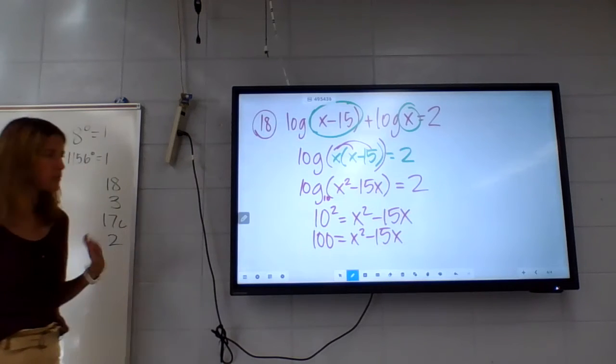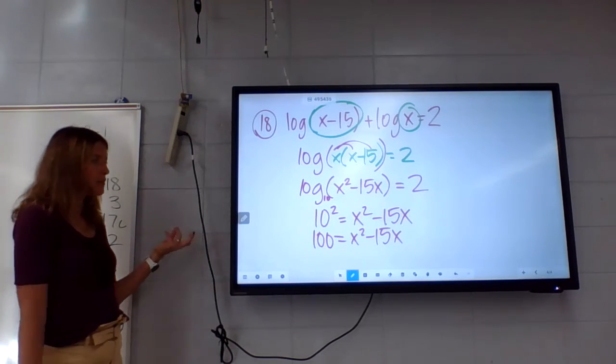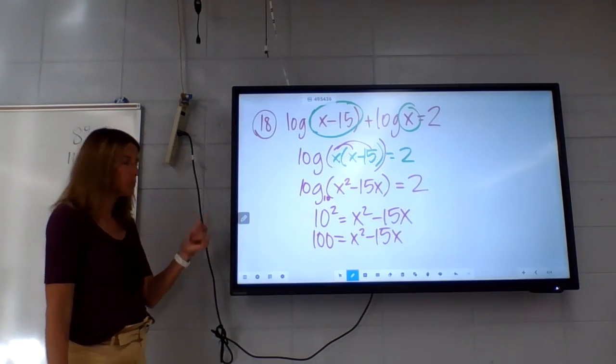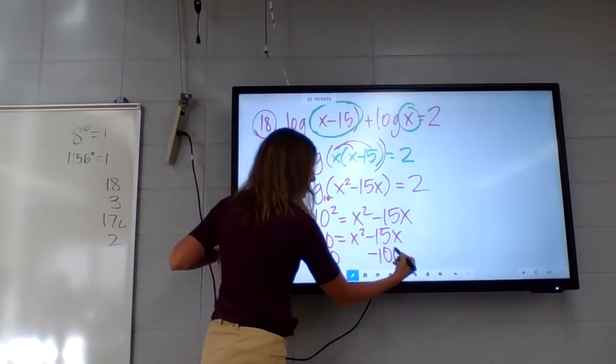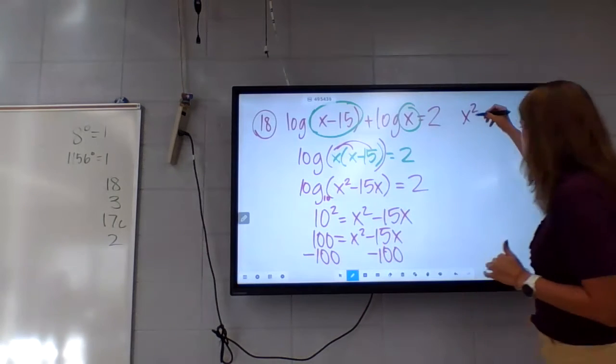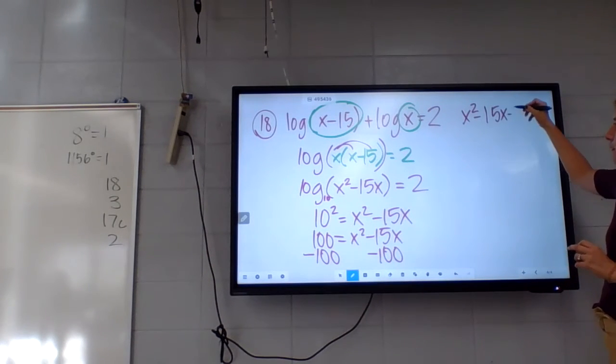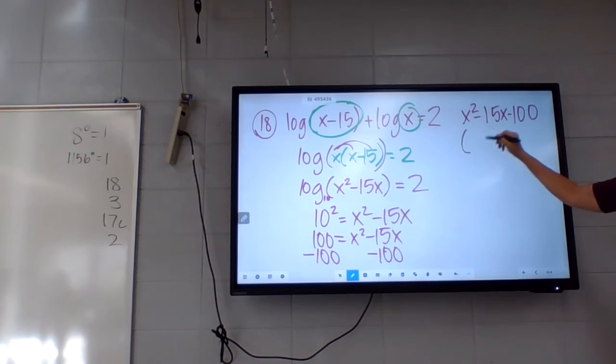And again, kind of full circle here, we're factoring again. In order to solve a quadratic, we have to move that 100 over. So I'm trying to solve this by factoring. It equals 0 now. So I know it's going to be x and x.